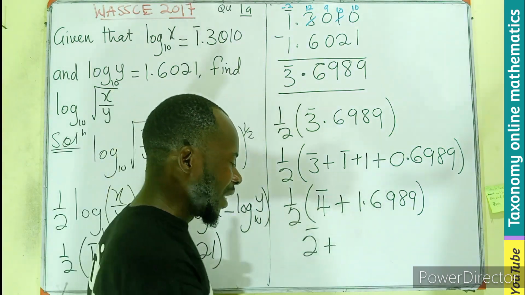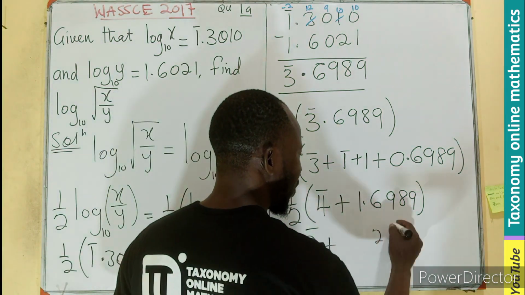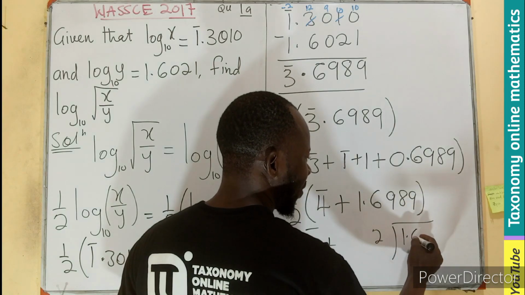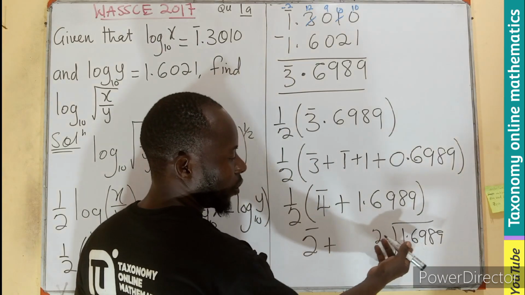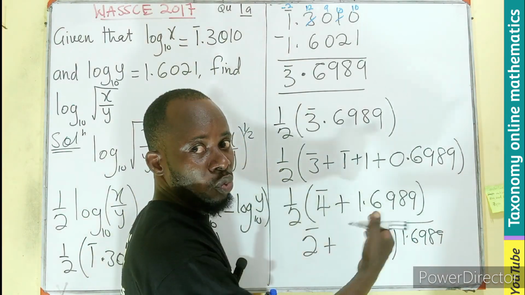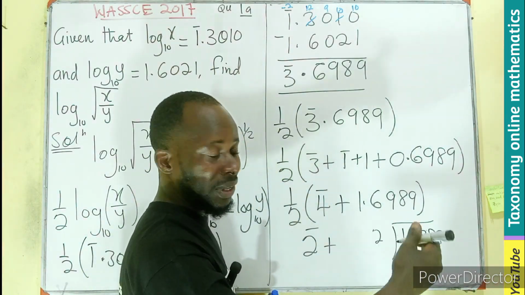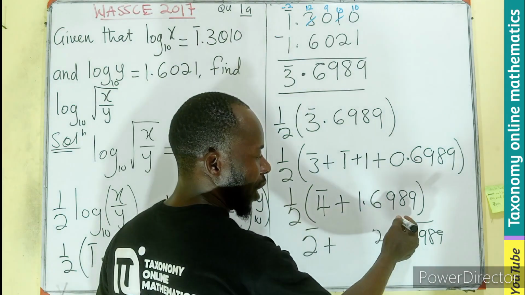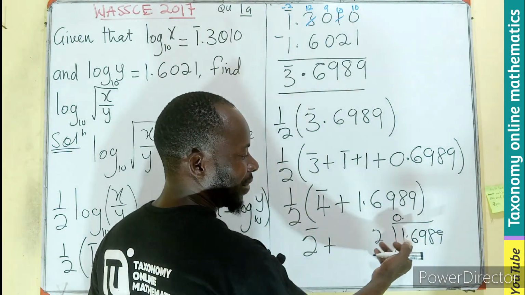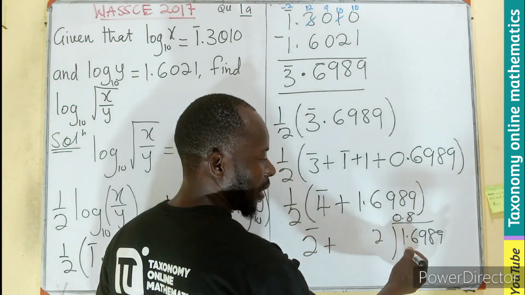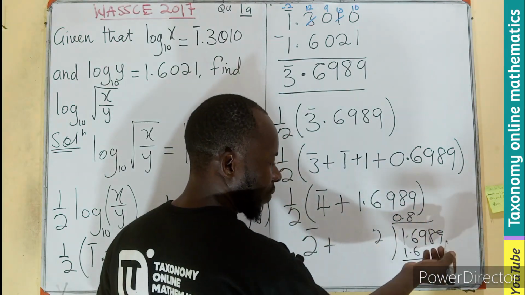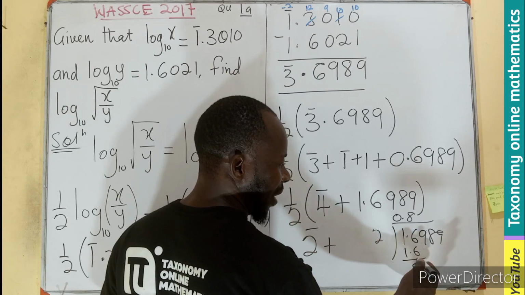If we are doing that as, let's say, 2 dividing 1.6989, you know, it cannot go into 1, so we add the 6 to become 16. Since it cannot go here, we have 0. Then 16 divided by 2 will be 8. Then you still have 0.